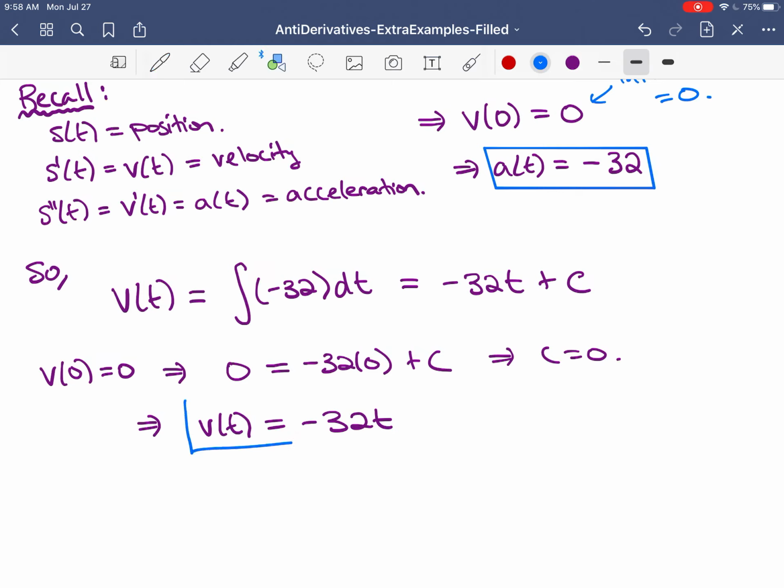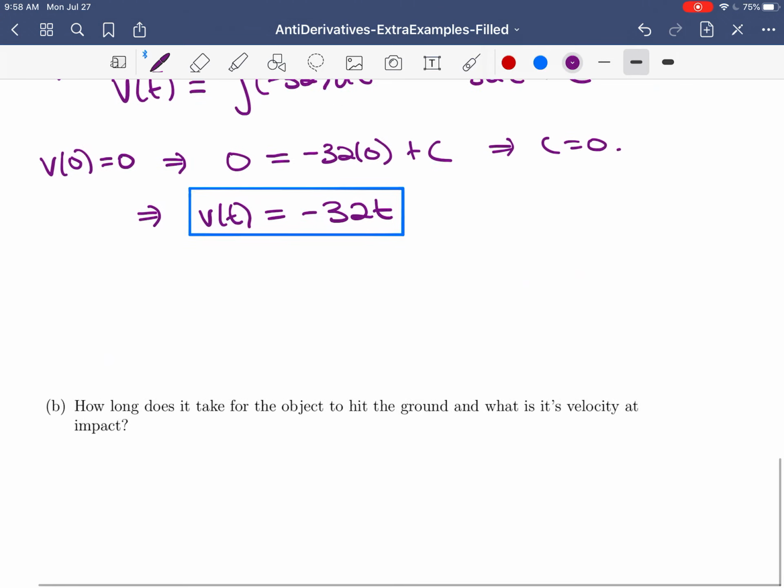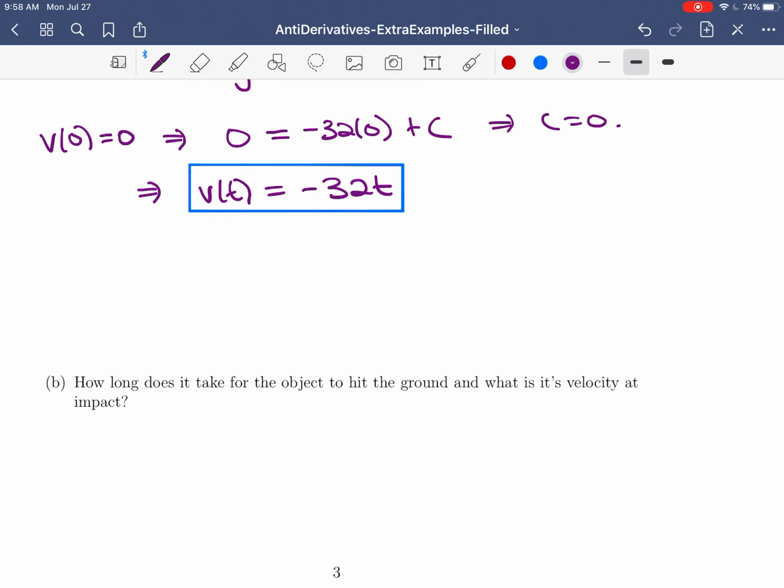Okay, so this is useful. So we found the c value there. Now when we want s, and I'm running out of room here, we want to integrate, because v is the derivative of s, so we want the integral of v of t with respect to t. So we want to take the integral of negative 32t dt.